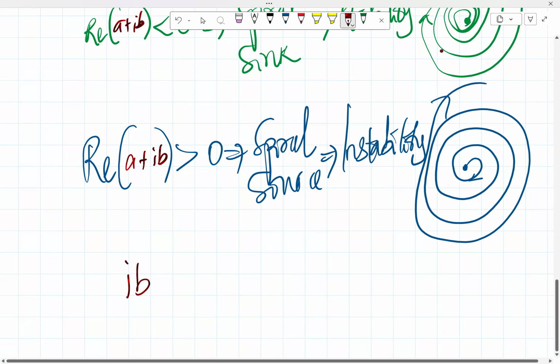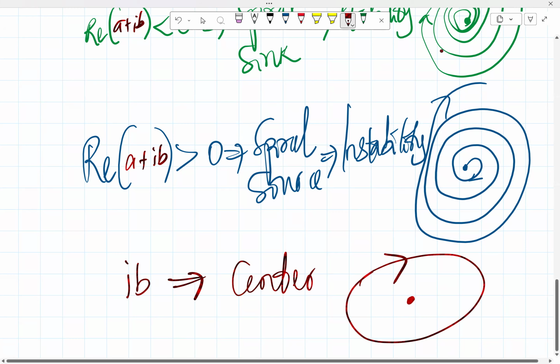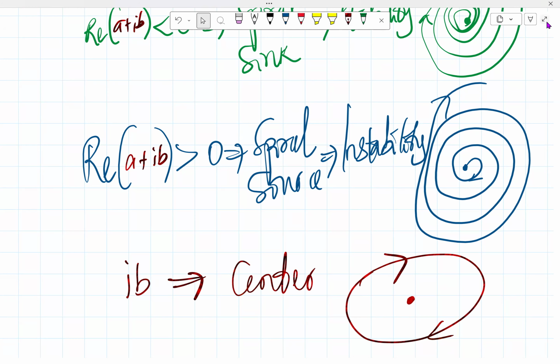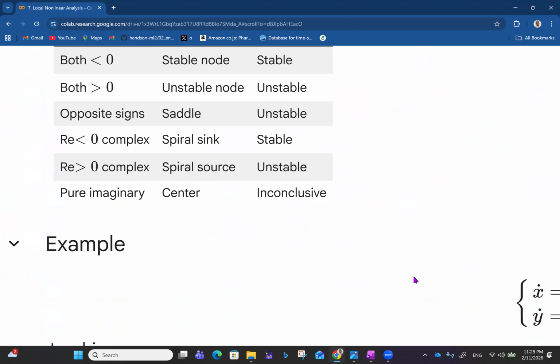That's pure imaginary, right? In that case you have a center, and what a center means is you have this point, and the solution is like an orbit around the center. That's why I think it's called a limit cycle in some situations.